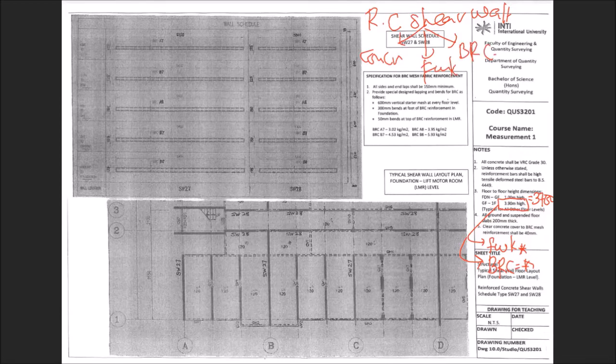Okay, sometimes they are BRC, sometimes they are high tensile or main bars. But in this detail, you can see all the reinforcement are in BRC form. So you have to measure BRC. Basically, the concrete is measured in meter cube and formwork is measured in meter square. The only difference is the category of the height. And then for BRC, you have to measure exactly according to the specification.